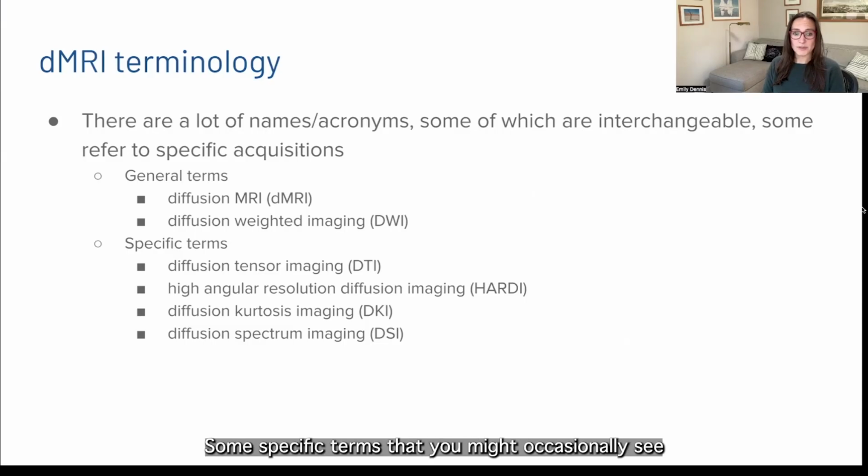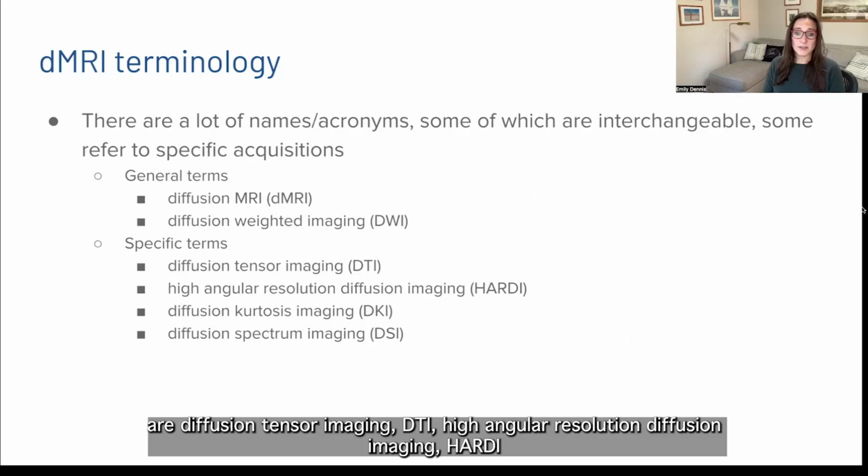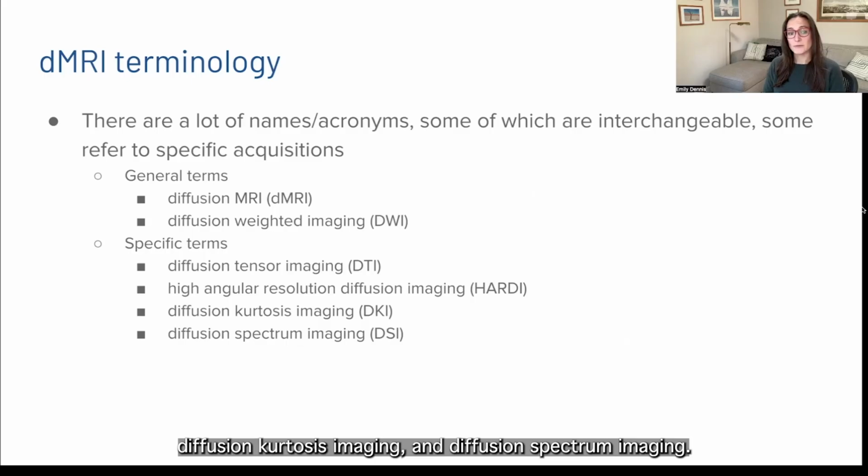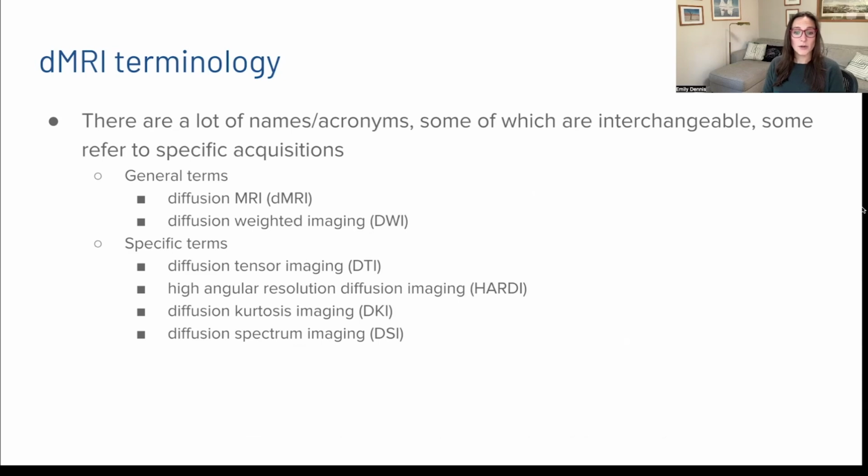Some specific terms that you might occasionally see used in a general sense, but they are supposed to be specific, are diffusion tensor imaging, DTI, high angular resolution diffusion imaging, HARDI, diffusion kurtosis imaging, and diffusion spectrum imaging.